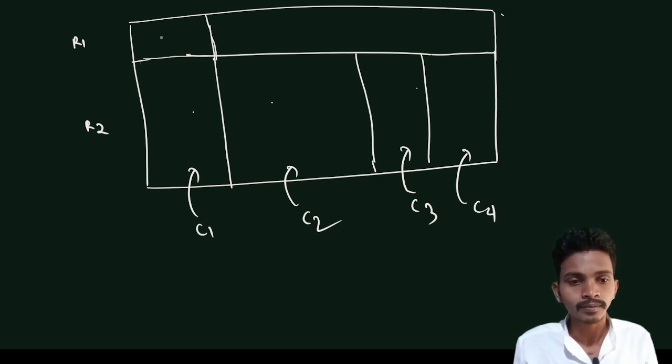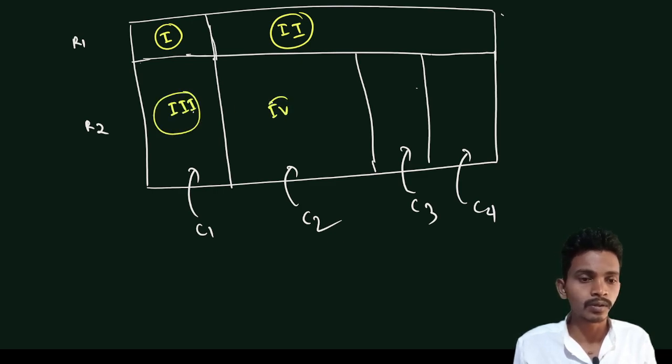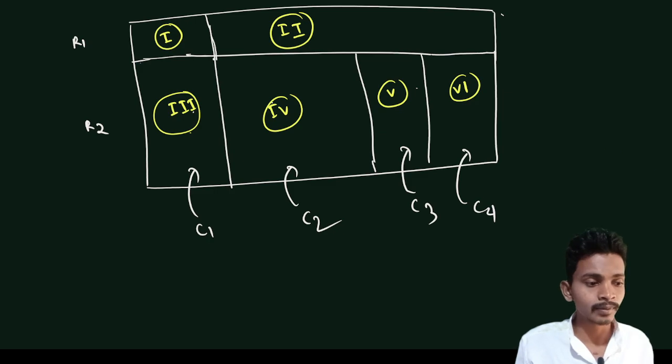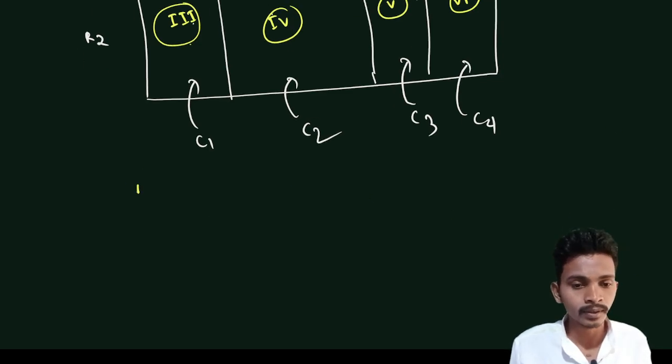Let's say I put 1, 2, 3, 4, 5, 6. In these 1 2 3 4 5 6 we will have some variables or numbers. What things are there in 1, in 2, in 3, in 4, in 5, and in 6?